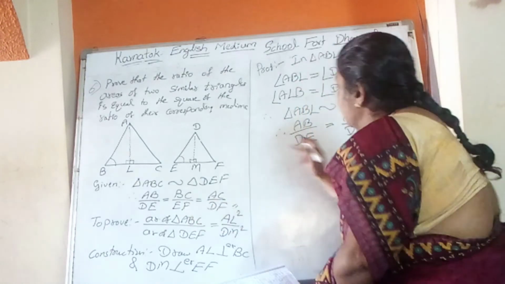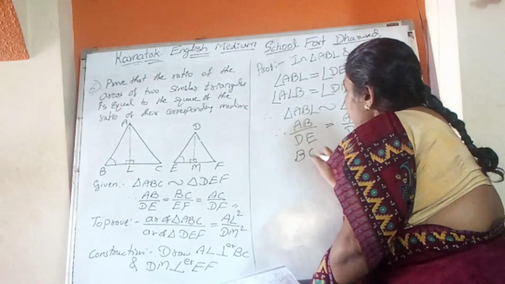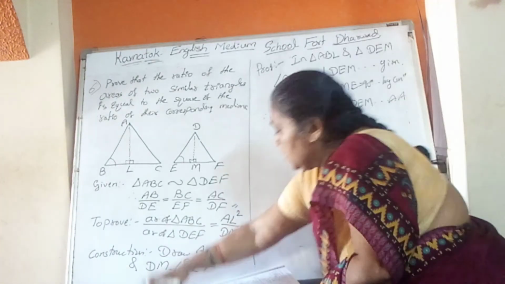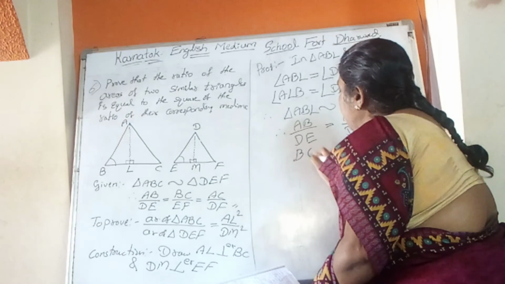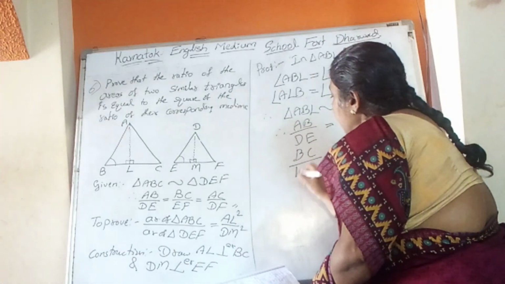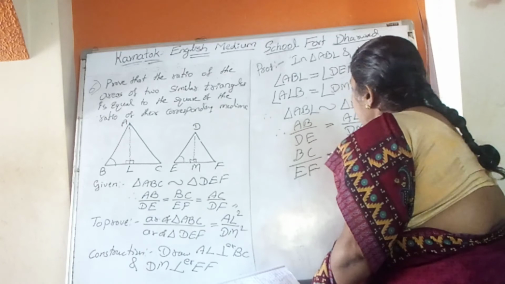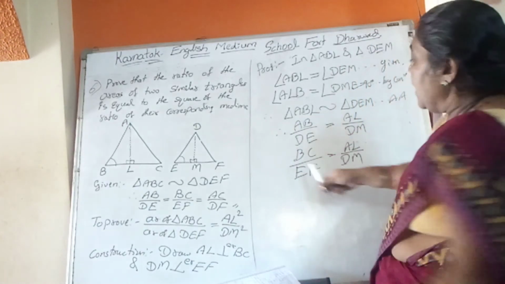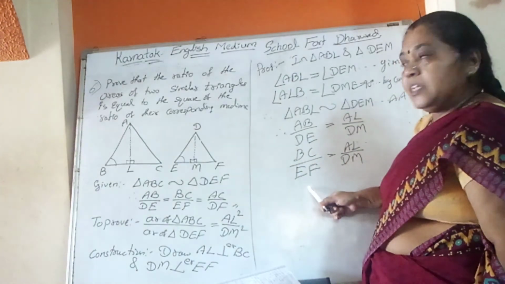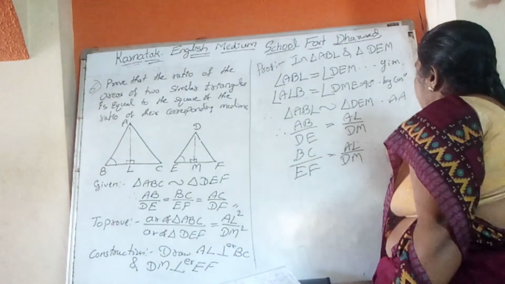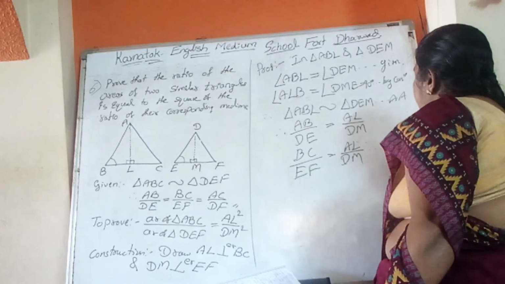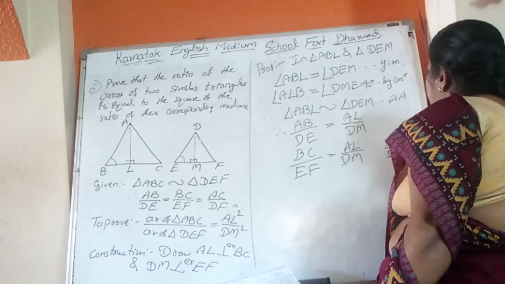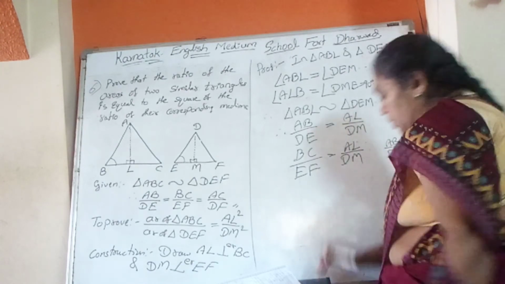Instead of this, I'll write BC upon EF equal to AL upon DM. Why did I write here BC upon EF? Understood? Because of given AB upon DE equal to BC upon EF.